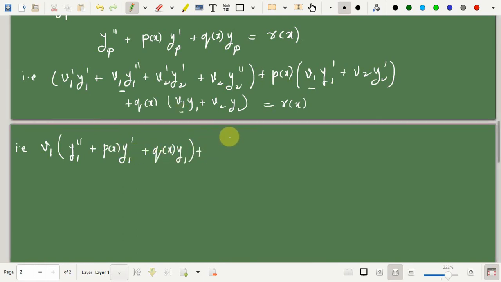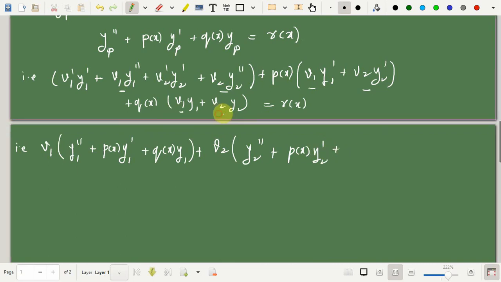And next I take v2 common, and if I see the coefficient of v2, from here I get y2 double prime, and from here I get y2 prime into p of x, plus from here I get q of x into y2.